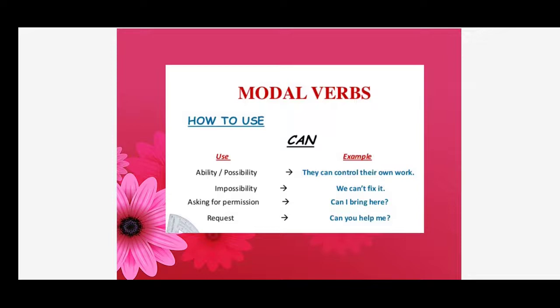Next is asking for permission. "Can I bring here?" You can use it, but it's not quite formal, it's kind of informal. And the last is request. Whenever we have to make a request, which is kind of a permission too, you use it, like "Can you help me?" It is an expression where you're asking for permission.